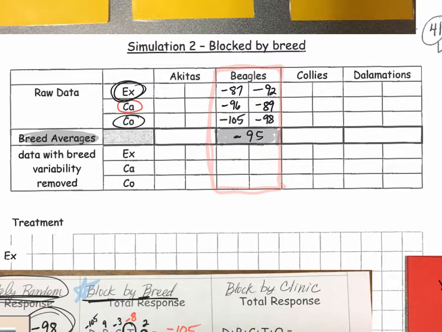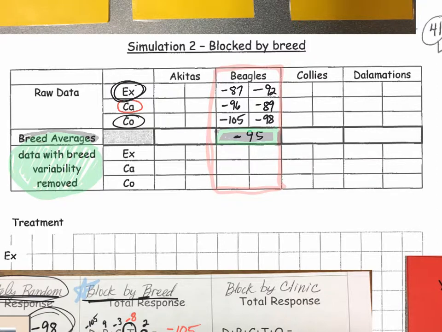So we are controlling breed. And this is really important that you get this: we are going to take away that issue of us being a particular breed. By taking away, we're going to subtract away this number that happens just because we are a Beagle.